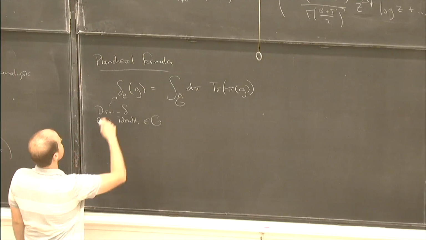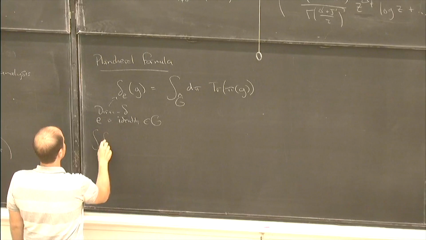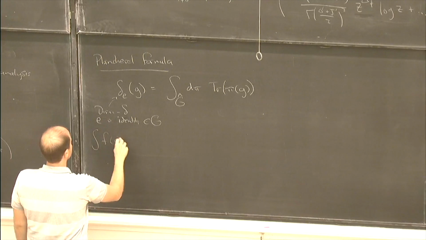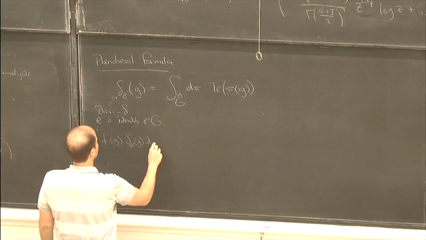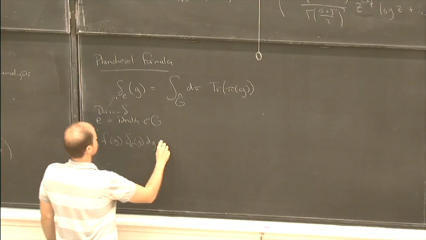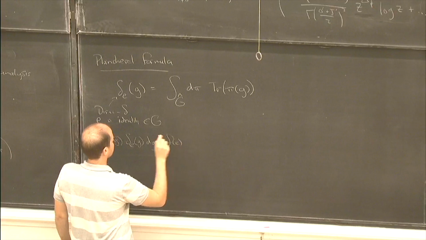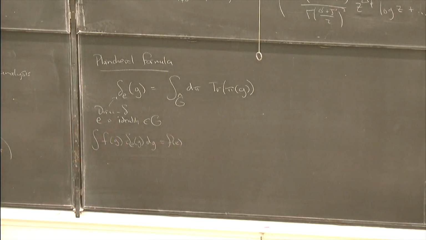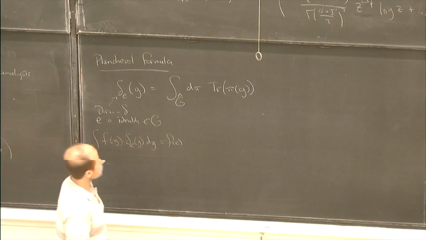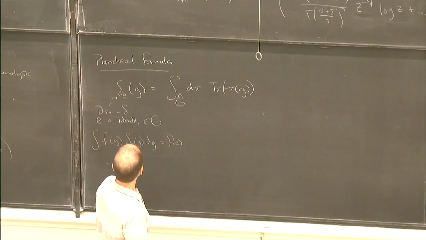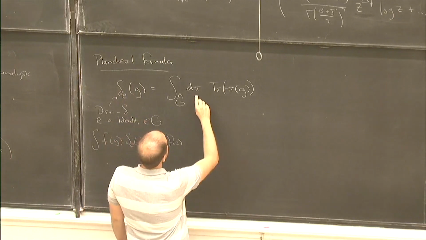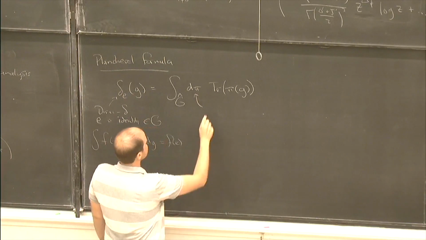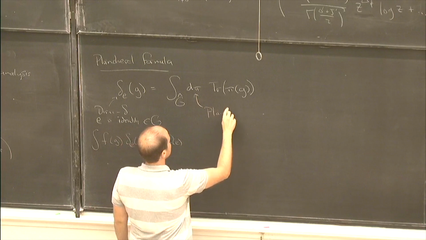So the meaning of this is that the integral of some function of g times this distribution integrated with the Haar measure is just equal to that function evaluated at the identity. And we're going to become very good friends with lots of functions on groups. Okay, so that's the left-hand side. The right-hand side is the so-called Plancherel measure.